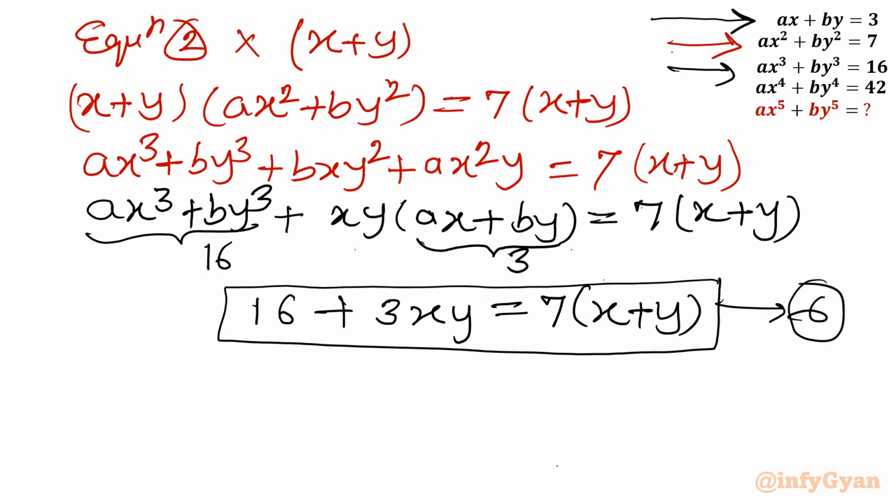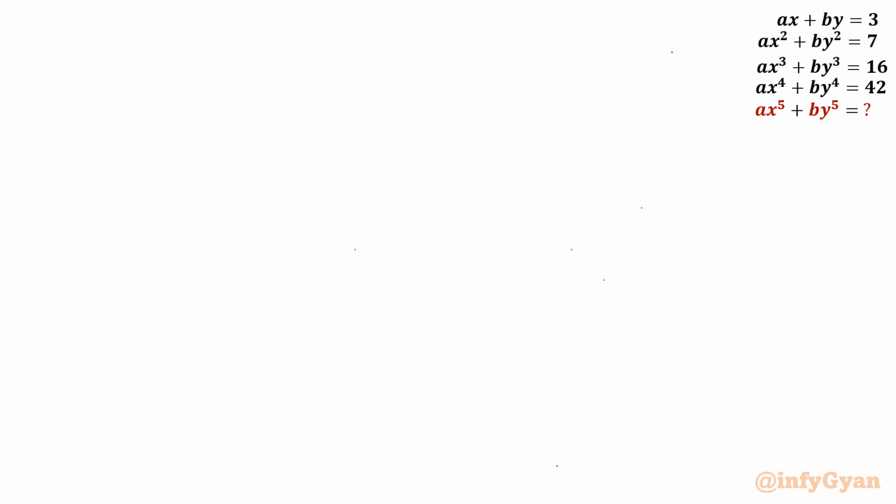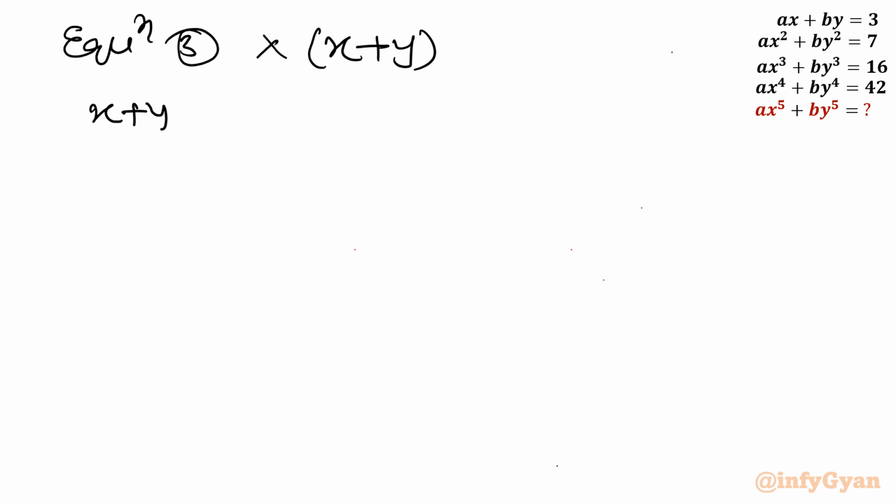Now one more equation is required in the same pattern, with xy and x plus y as unknowns. So let me multiply equation 3 with x plus y. So I will write here equation 3 times x plus y, that is x plus y times ax^3 + by^3.